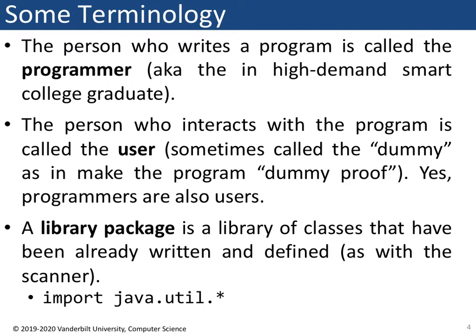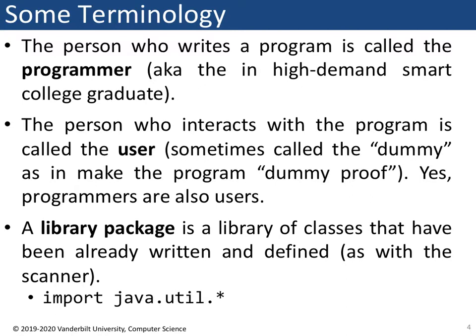To be clear, when we say programmer, we're talking about one who writes a program. Users are those who interact with a program. And programmers are often also users. Another term we're going to use pretty often is library package. So a library package is a library of classes that are packaged and pre-written, and you may use them in your code to do a lot of things so that you don't have to write it and figure it out for yourself.